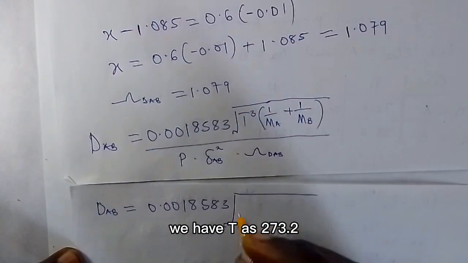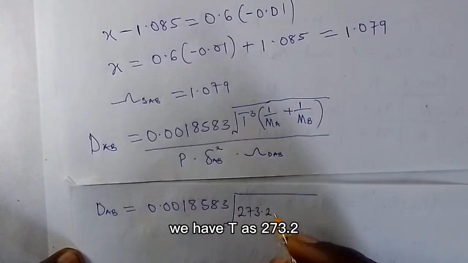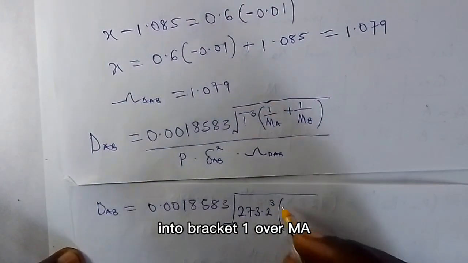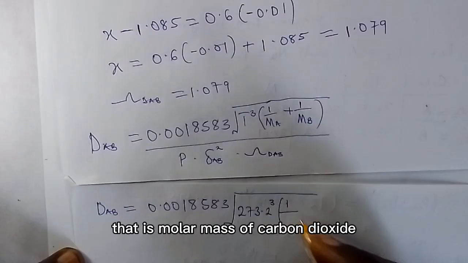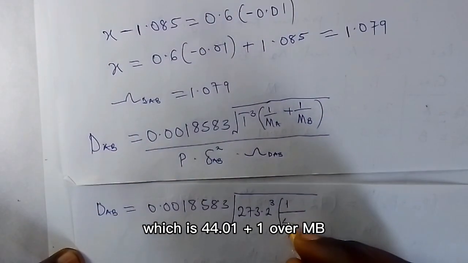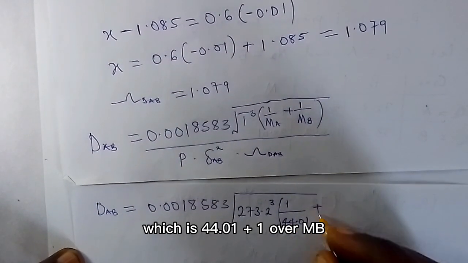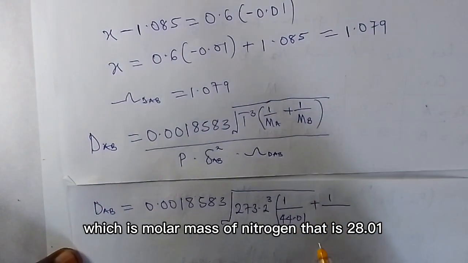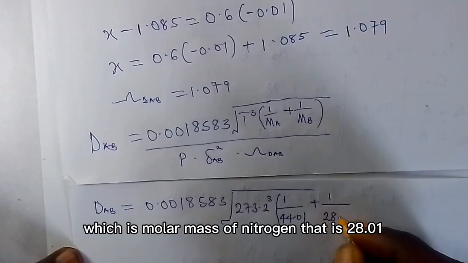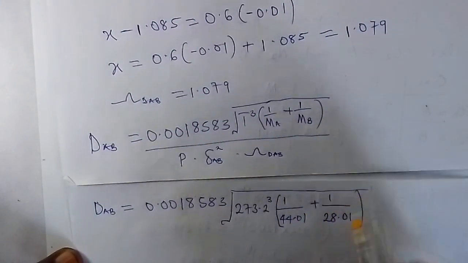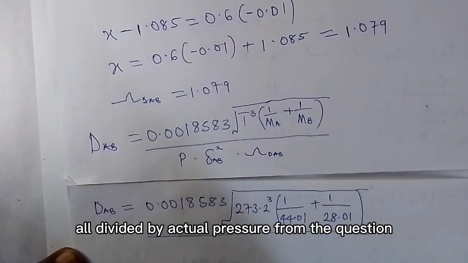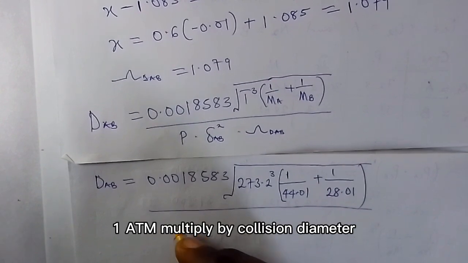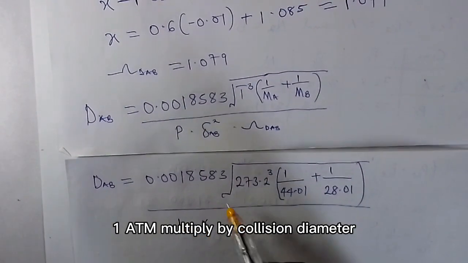From the equation, we have T as 273.2 all raised to the power of 3 into bracket 1 over MA, that is the molar mass of carbon dioxide, which is 44.01, plus 1 over MB, which is the molar mass of nitrogen, that is 28.01, all divided by actual pressure from the equation, which is 1 atm, multiplied by collision diameter squared.